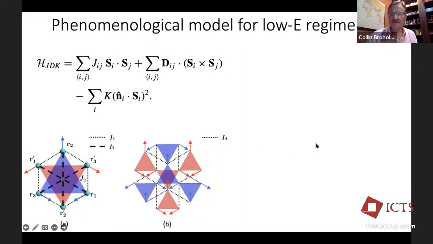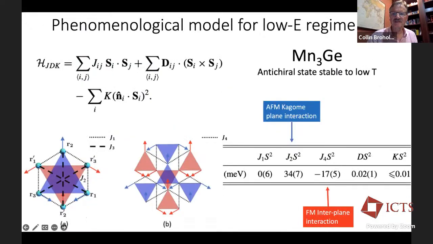And I think I'm just going to skip a couple of slides forward, because I'll otherwise run out of time, to show you the parameters that we were eventually able to extract using this phenomenological long wavelength theoretical approach. So 34 millielectronvolts for the antiferromagnetic in-plane interaction, and the interplane J4 interaction, which is actually ferromagnetic.